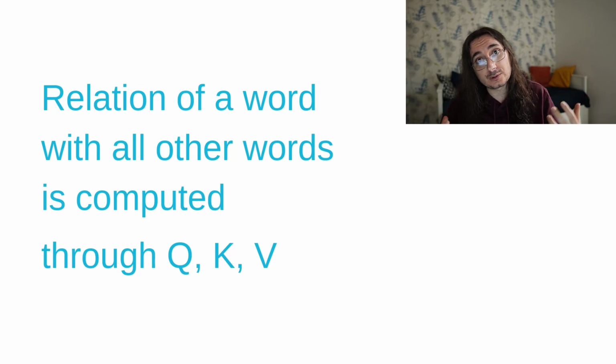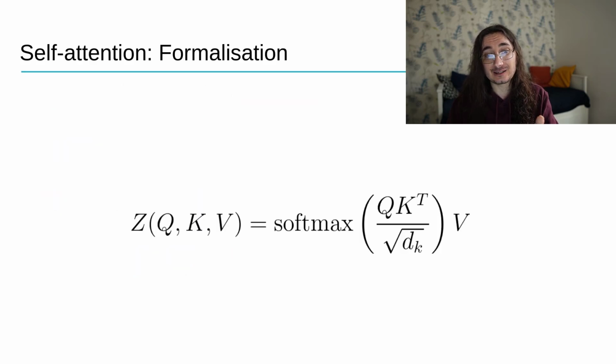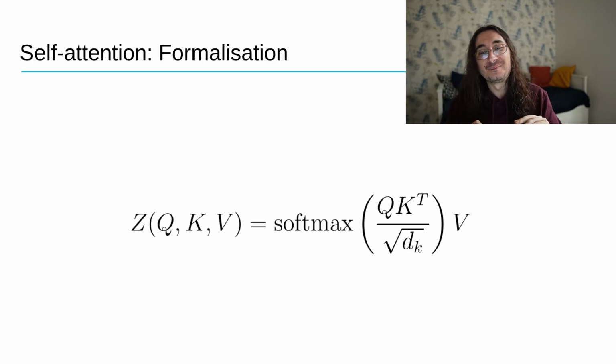In order to compute this relationship, we need Q, K, and V. And I'm going to demonstrate this by showing you the formula for getting the attention matrix Z. Right, it's complex, isn't it? But don't worry, again, we're going to break this one down step by step.